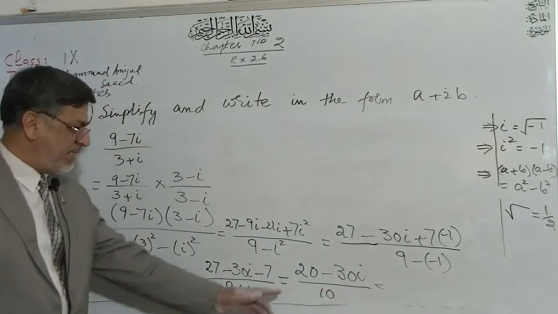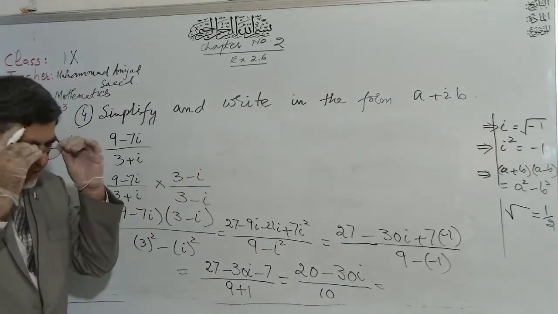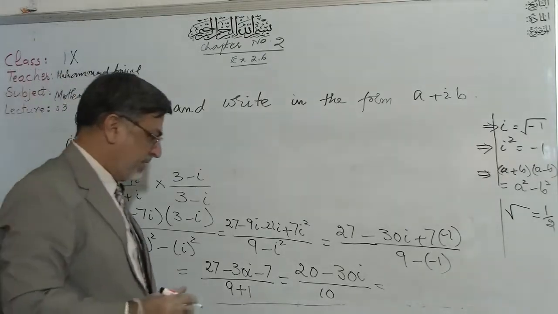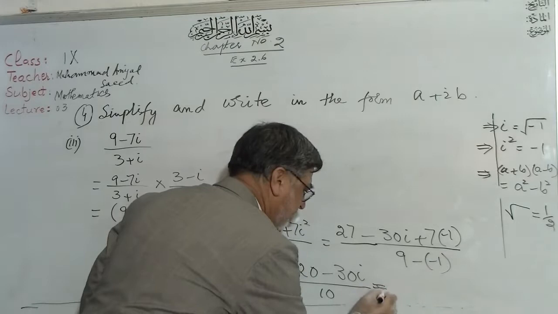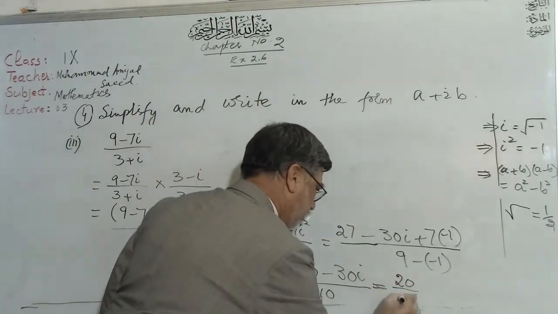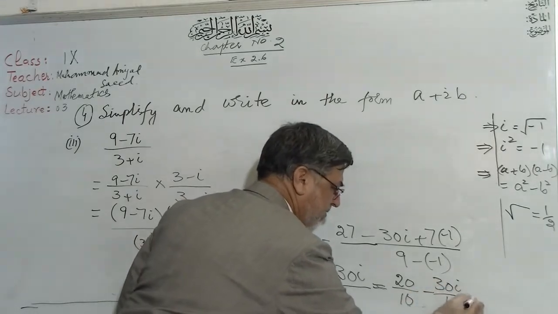Remember that this 10 is in the denominator of both terms. So that's why we can apply this 10 as distributive property. You can distribute 10 like that. 20 over 10 minus 30 iota over 10.